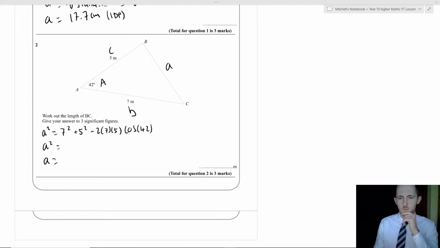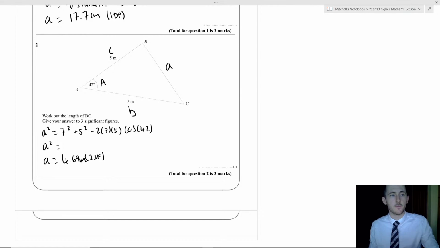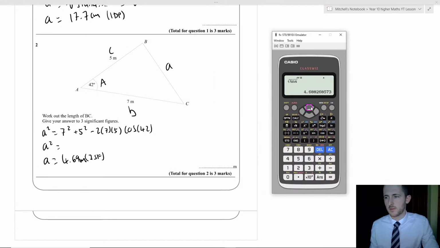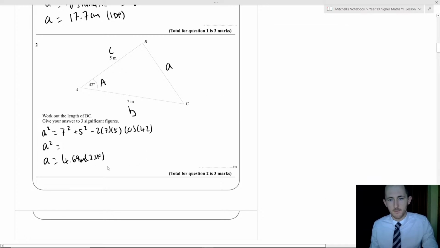And that's to 3SF, and that's in meters. Now the reason why this is quite useful is sometimes what I see pupils do, so if we go back, that's my answer, right? What they will do is they'll say, okay, A squared equals 21.9, then they'll square root that and write that answer, which can sometimes make this value slightly wrong.